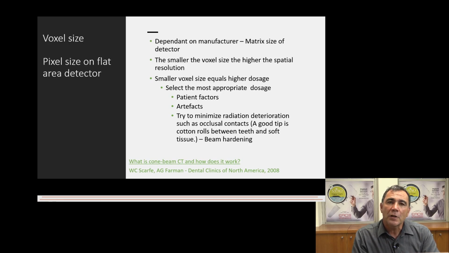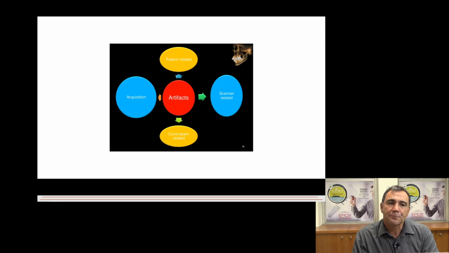If the patient comes for an X-ray, let them keep the teeth apart a little bit, so that we do not absorb that whole stream that goes through, the so-called beam hardening effect. A good tip to get better definition is to put a cotton roll between the teeth and the cheeks, and thereby you get a nice black area that is easier to interpret.